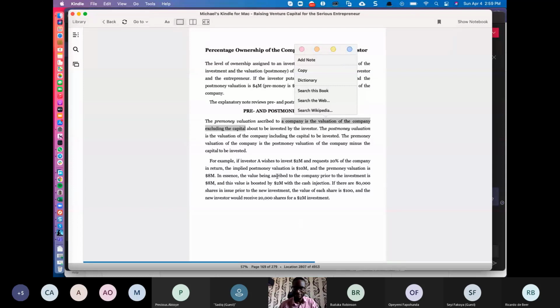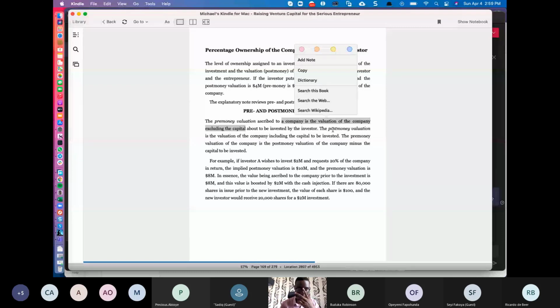So let's quickly wrap up the explanation. Pre-money is what you are valued at minus the money that they put into your business. What you are valued at includes the money that is being put into your business at that period.